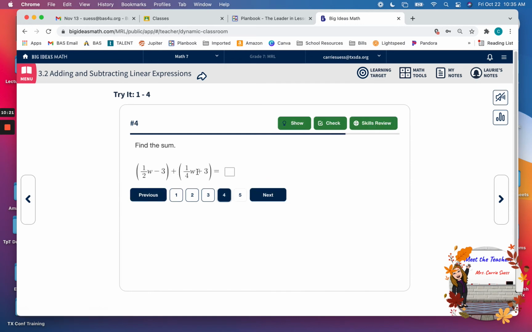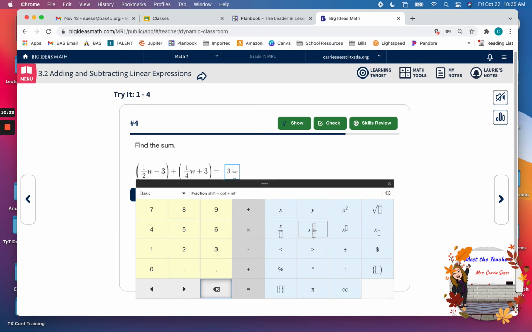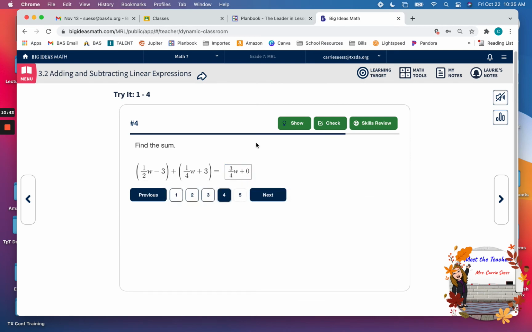Whereas in this one, when we combined it, we had a negative 3 plus 3, which came out to be 0. You could technically say 3/4 W, and then I could technically say plus 0. That's accurate, but it's a waste of time to say plus 0, isn't it? I typed the 0 and the computer didn't take it.